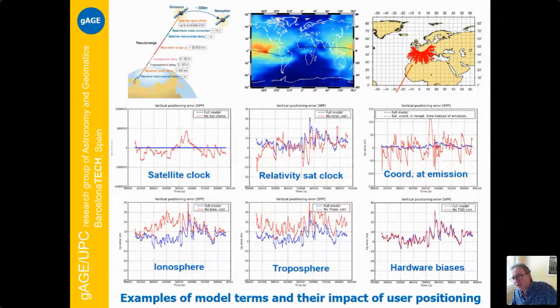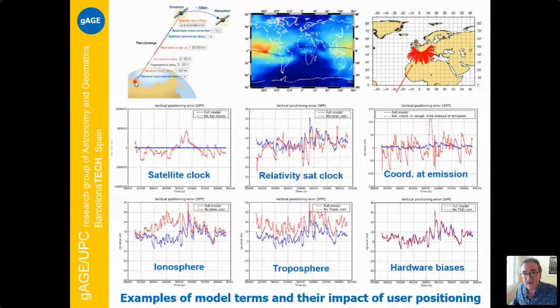And also we have to take into account the coordinates at emission. What does it mean, this plot? It means that we have to consider the ray from the satellite location at emission time to the receiver at the reception time. Well, this looks obvious. If the signal travels from this point to this point, we have to model the ray from this point to this point. But the problem is that what the receiver knows is only the time when the signal gets to the receiver.